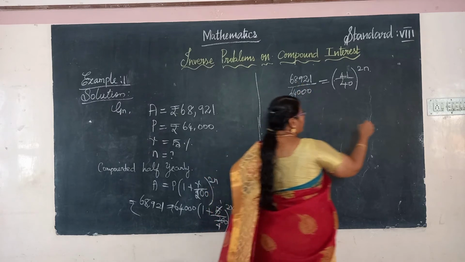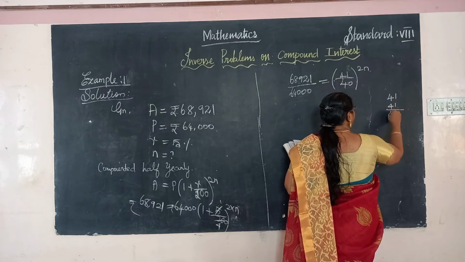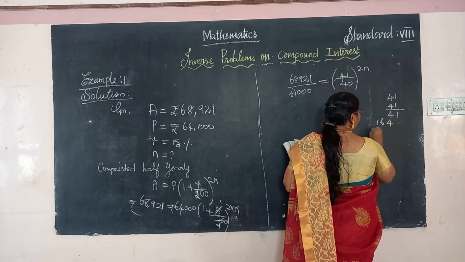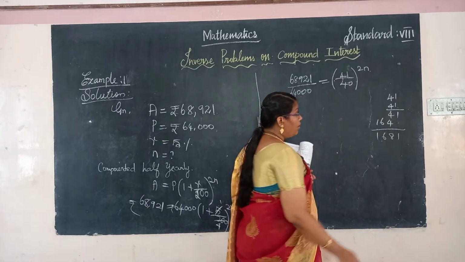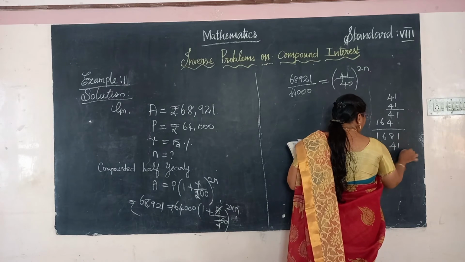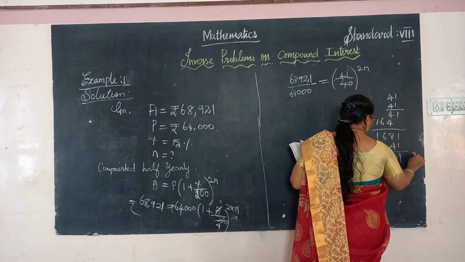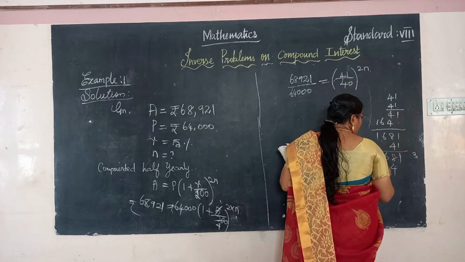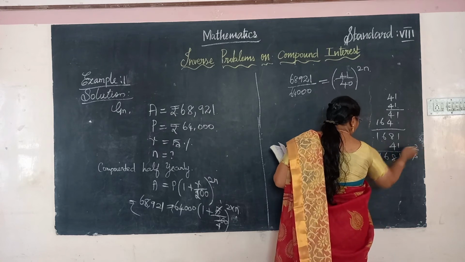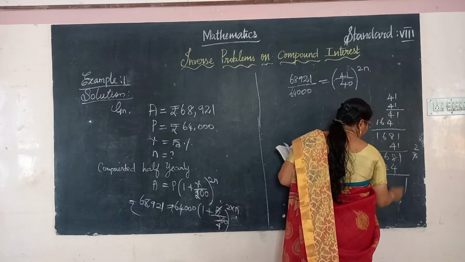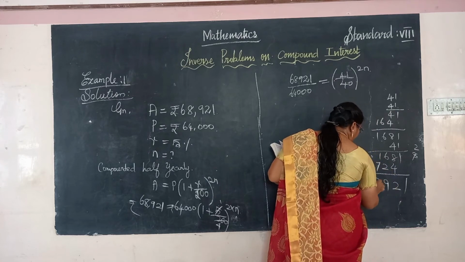This value: multiply 41 into 41, what do we get? 41 squared value, 41 cube value. 4, 32, 6, 4, 6 are 24, 27... 12, 9, 8, 6.